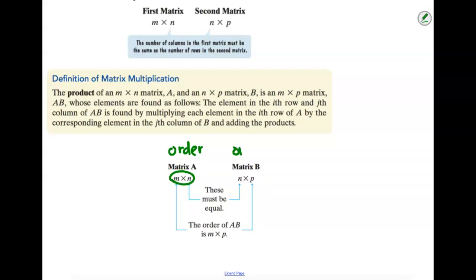And then matrix B, it has an order of N times P. The rule of thumb, or the rule, is these two numbers in the inside must be equal. Then what you're going to produce is an M times P matrix.